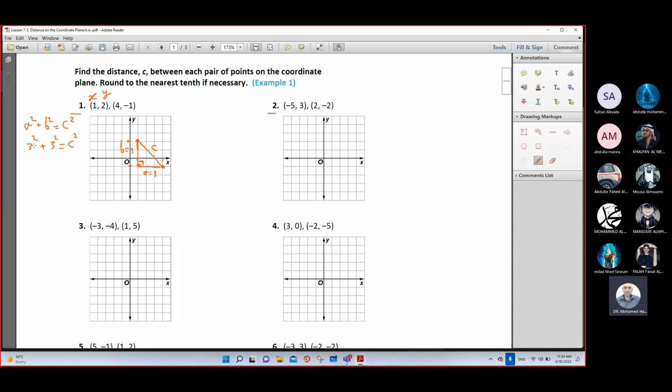So 3 squared means 3 times 3, which is 9, and here also 9, equals C squared. 9 plus 9 will be 18 equals C squared. So C means the square root of 18.